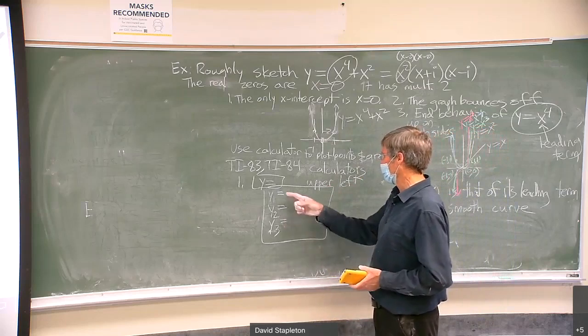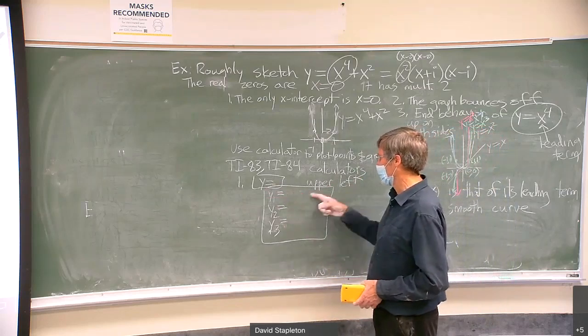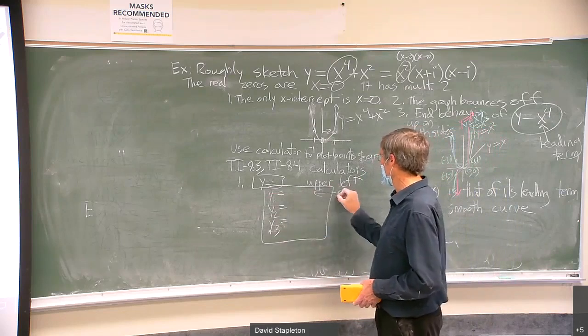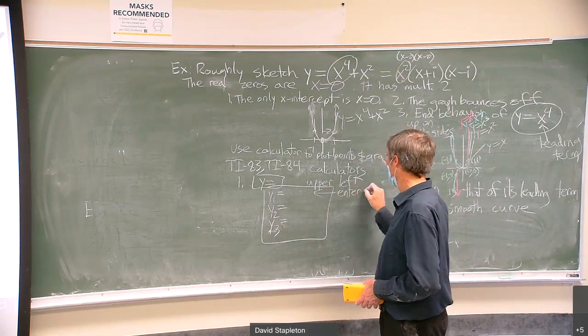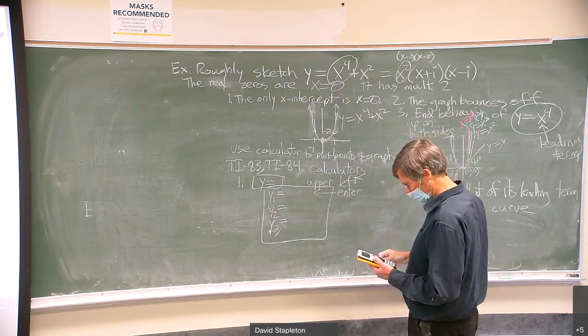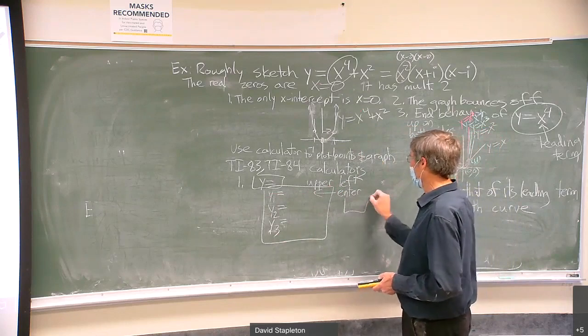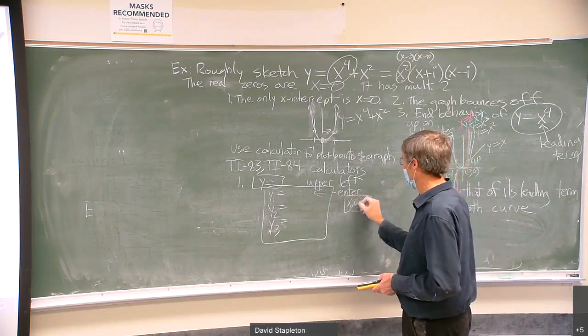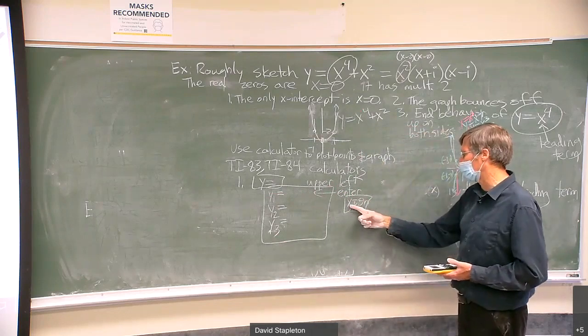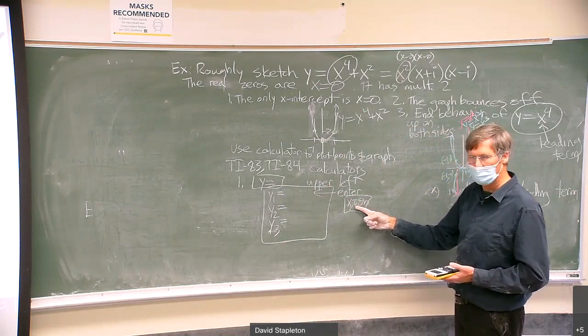And what happens is when you push this button, y equals, this comes up on your screen. Y1 equals, y2 equals, y3 equals. And what you do is you enter the function. For this one, you enter, there's a button that says x tau theta n. And this is for plotting with different kinds of coordinates. X is for xy coordinates. Tau is for parametric coordinates.